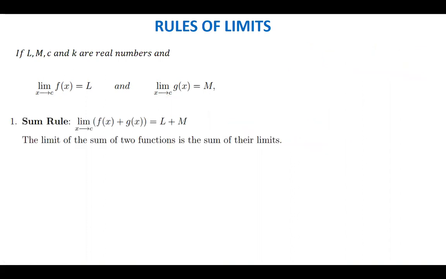We'll start with the sum rule. When you're adding two limits, you have, maybe, the limit of f of x plus g of x. These were supposed to be square brackets.